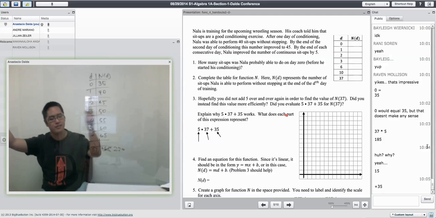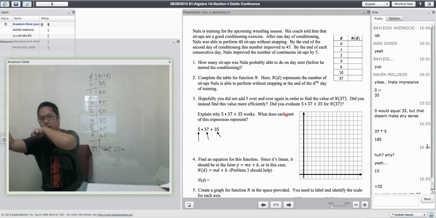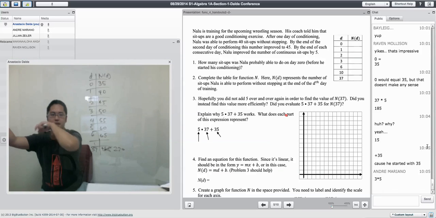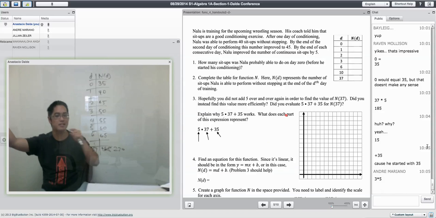Why did I have to add 35 to make this graph work? Because he started off with 35, because he could do 35 to begin with, so you need to take that into account. So everything is offset by 5. So at 37, don't just multiply 37 times 5. You have to add to that the original 35 that he could do without any training to begin with.